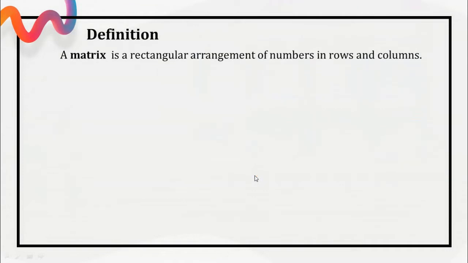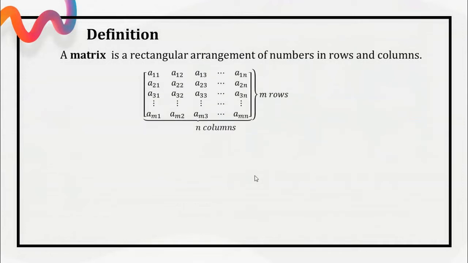Okay, definition. A matrix is a rectangular arrangement of numbers in rows and columns. We can see the row A11, A12, A13, dot, dot, dot, until A1N. And then the column A11, A21, A31, dot, dot, dot, until AM1.